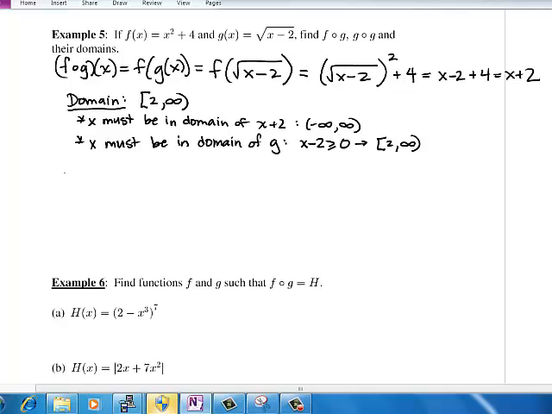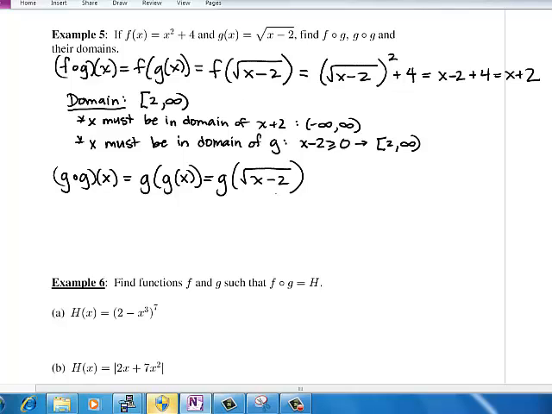Then g circle g, this one's going to look a little strange. We have g of x, so we'll replace the inside g with its formula, which is just square root of x minus 2.